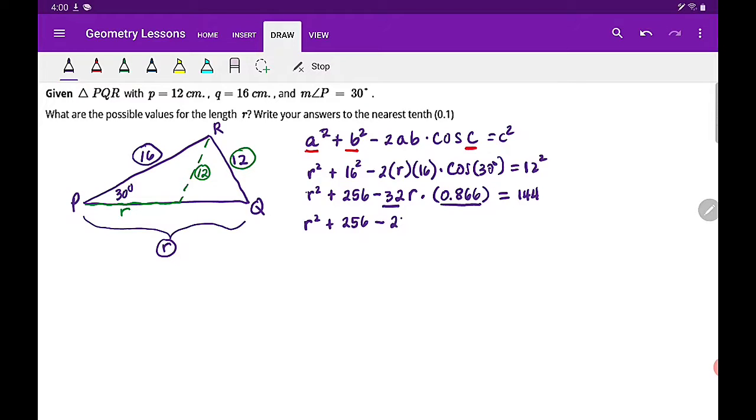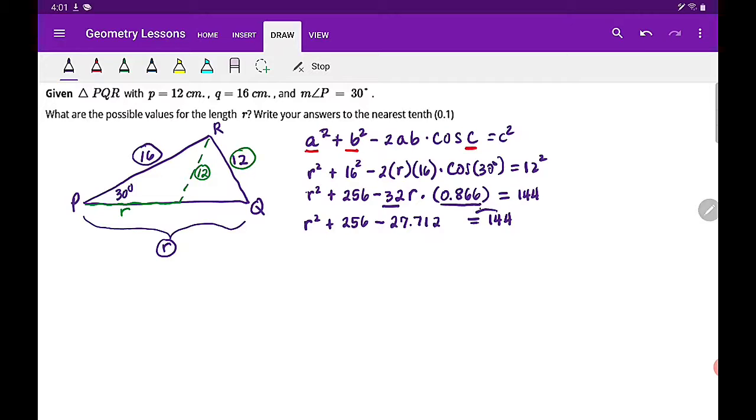minus 27.712, that's 32 times 0.866, okay, is equal to 144. Okay, now we can collect all the terms to the left side of the equation so that the equation equals 0 by subtracting.